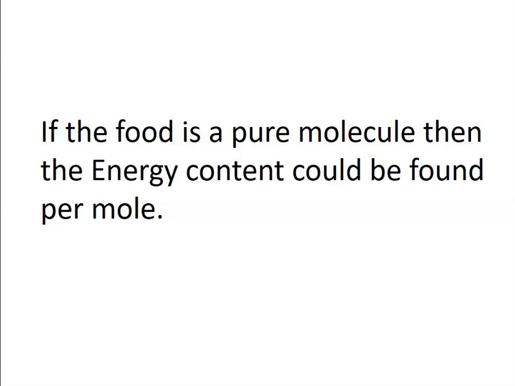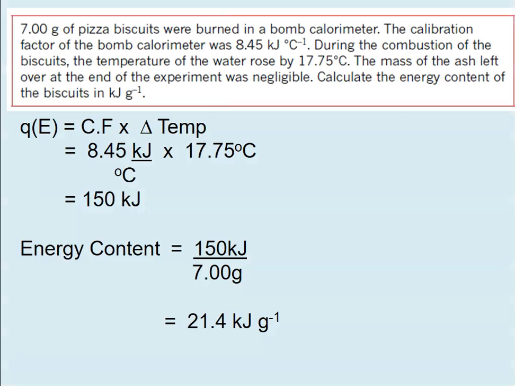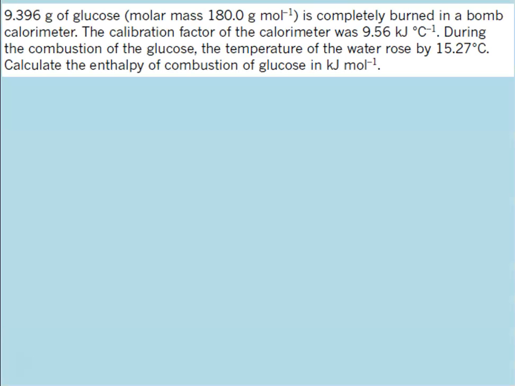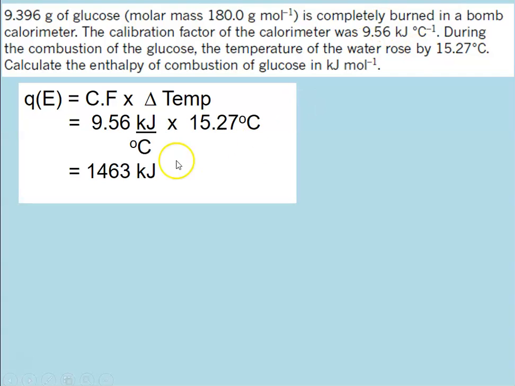So if the food is a pure molecule, then you can find the energy content per mole as opposed to the energy content per gram, because this is a mixture. So we've got pure glucose, and you can work out the kilojoules per mole or the enthalpy of combustion. So same idea. The water rose, so these questions could have the initial and final temperature here, and you would have to work out the change.